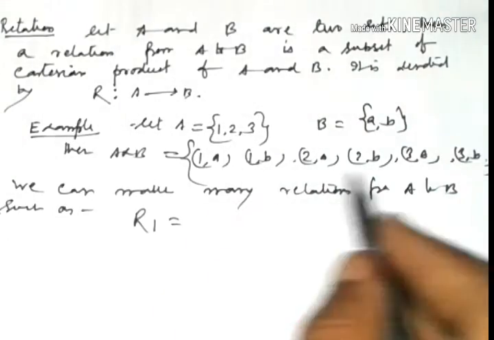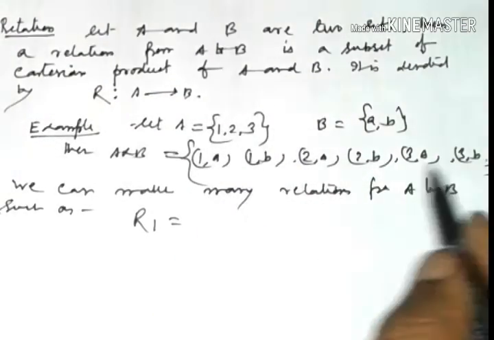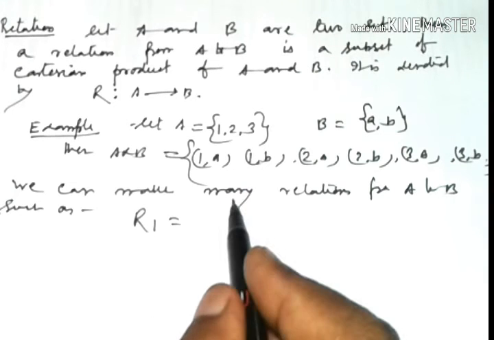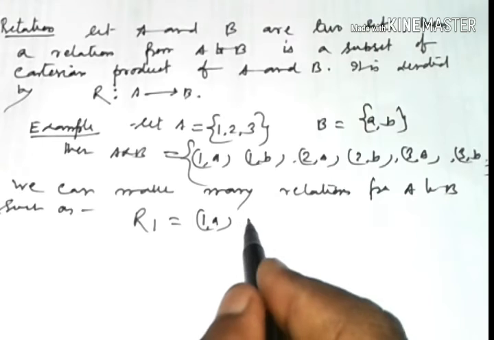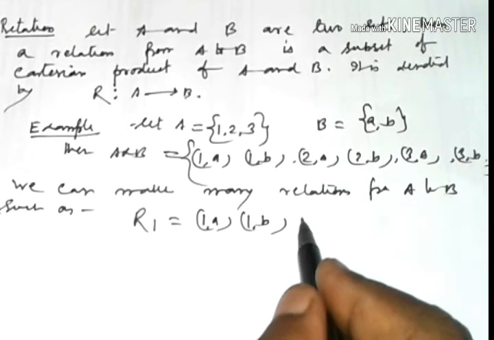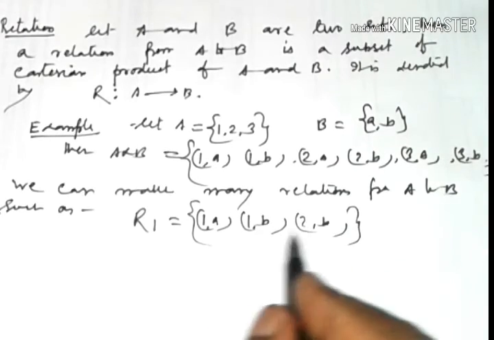From here we take the elements 1a, 1b, and 2b. Clearly it is a subset of this.